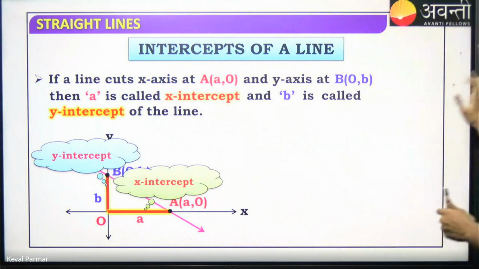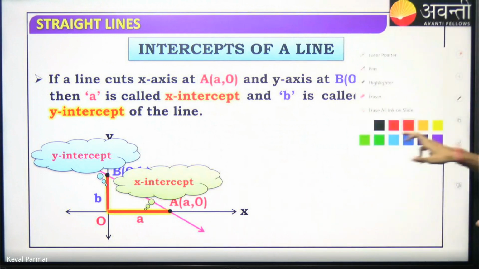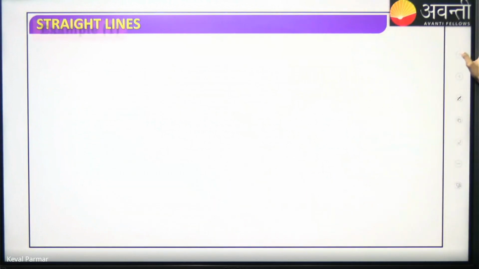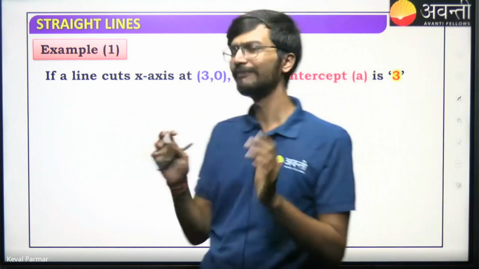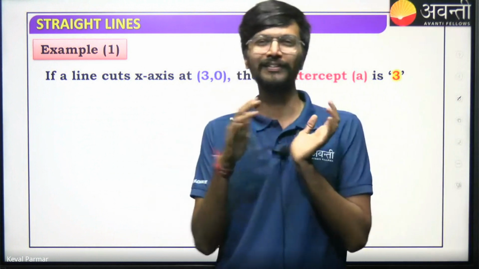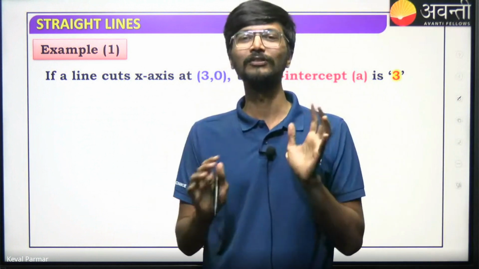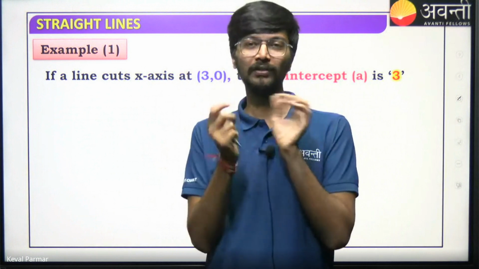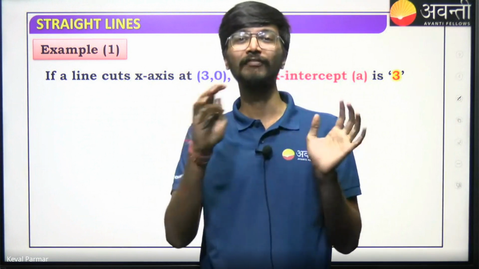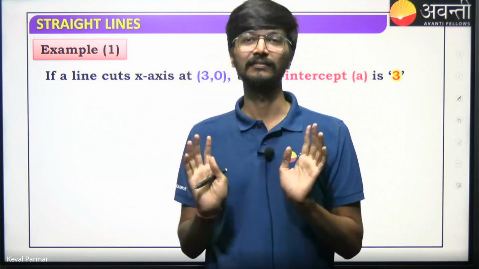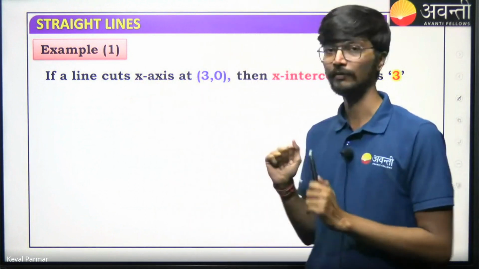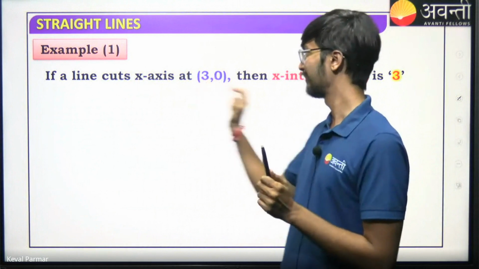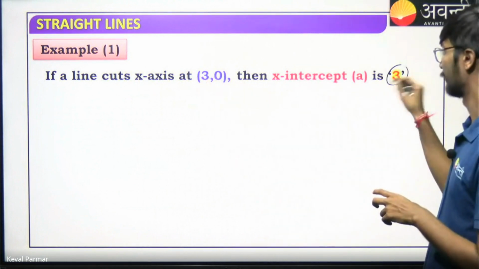Now, let's see what we have next. This is a very simple example. Basically, in rough language, the x coordinate of the point where the line cuts the x-axis is called the x-intercept. So here the line cuts the x-axis at 3 comma 0, then its x coordinate, which is 3, is the x-intercept.